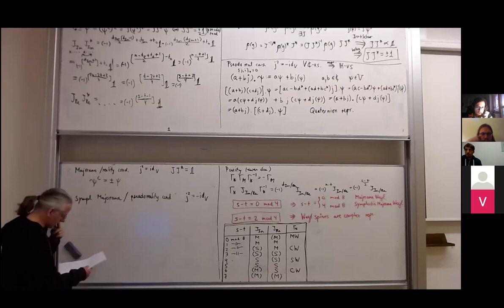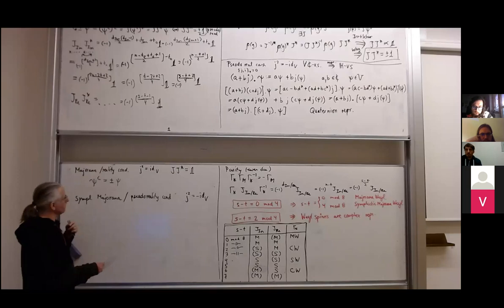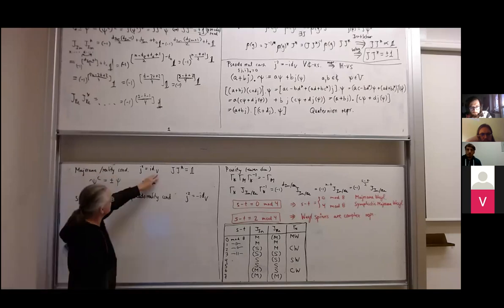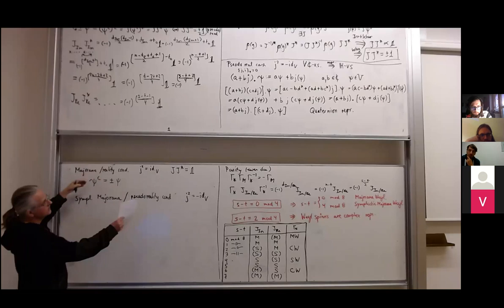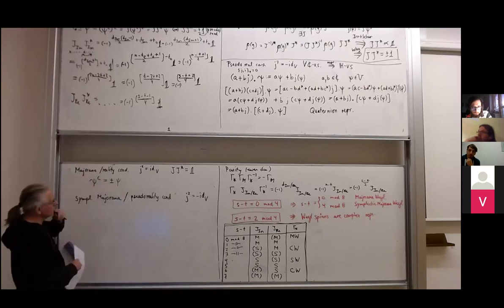And the other thing I want to say is that the Majorana condition, when we impose it, basically splits the full vector space into two subspaces. So what we have discovered in this case is that the full Dirac spinor is reducible, and we can impose two irreducible parts inside that.